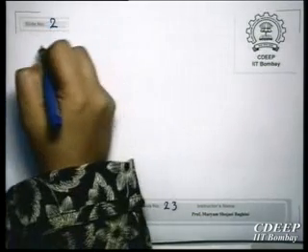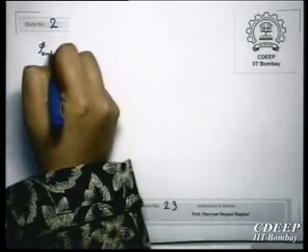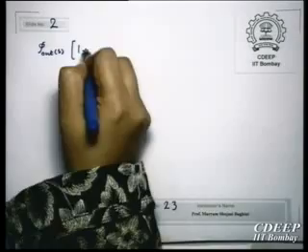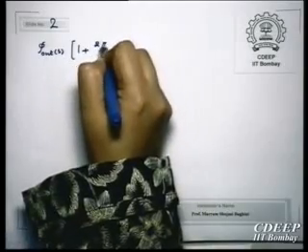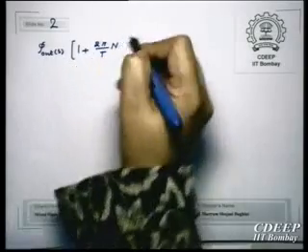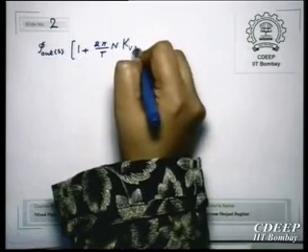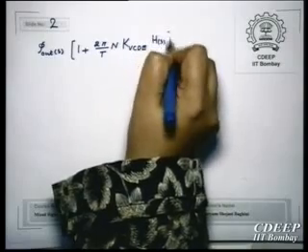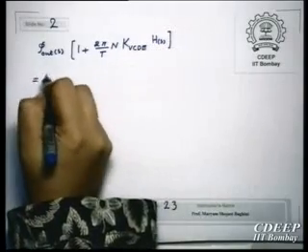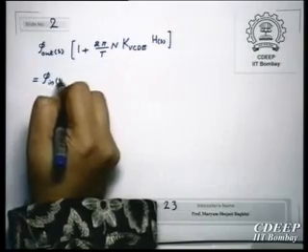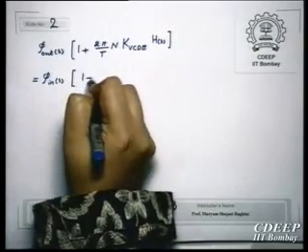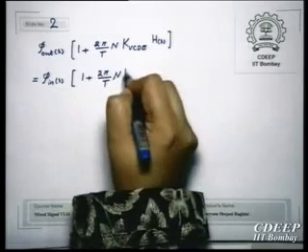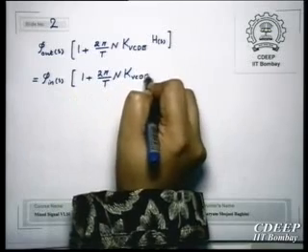So the equation will be like this. Phi out s into 1 plus 2 pi upon Tn K voltage control delay element Hs is equal to phi in s into 1 plus 2 pi upon Tn K VCDE Hs.